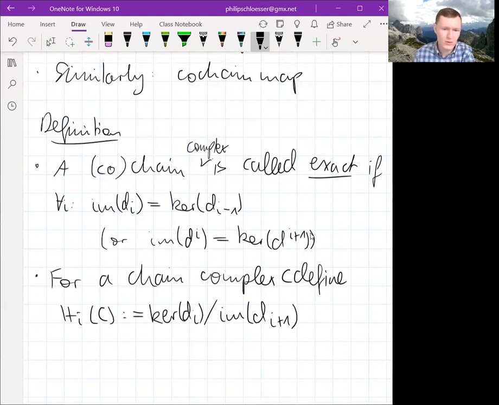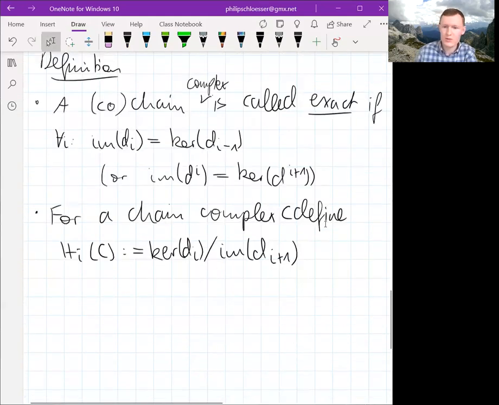We are talking about modules, so we can just take quotients, and they are again modules. Since in algebraic topology, people are usually interested in the case where our ring is just Z, we are not talking about some weird modules, we're just talking about abelian groups. So then these quotients are also just abelian groups, and we call them homology groups. And therefore this terminology is also used here, even though they are, I guess, more than just groups.